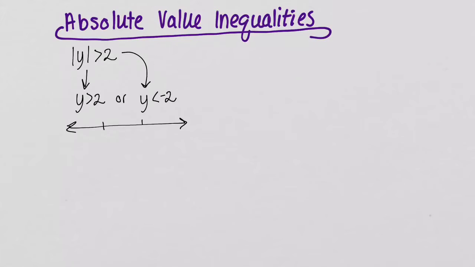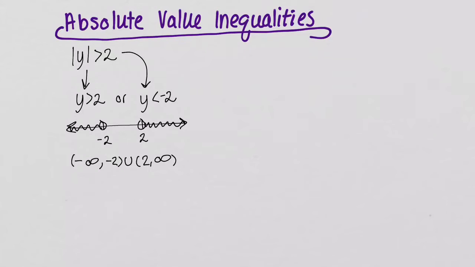On a number line, negative 2, positive 2, open circles because there's no underline. And then your interval notation answer would be negative infinity to negative 2, union 2 to infinity.